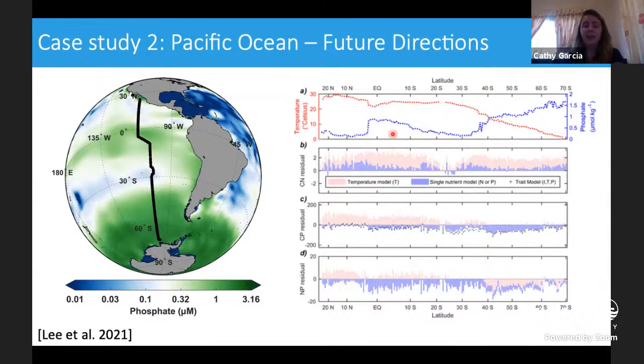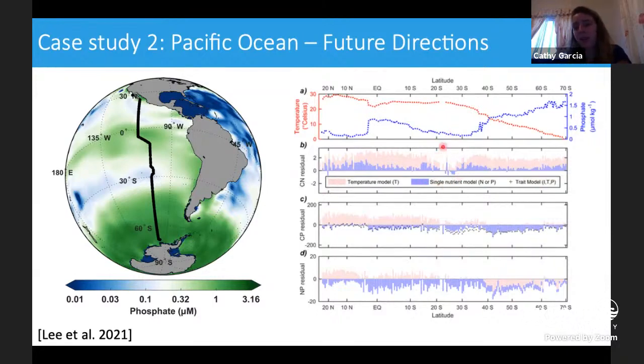But when we look at the phosphate concentrations along this transect, phosphate is in blue. In the northern portion, it's a little bit hard to see, but the phosphate concentrations don't differ too much between these two regions. But we do see a very strong spike in the POC to POP in the South Pacific subtropical gyre.